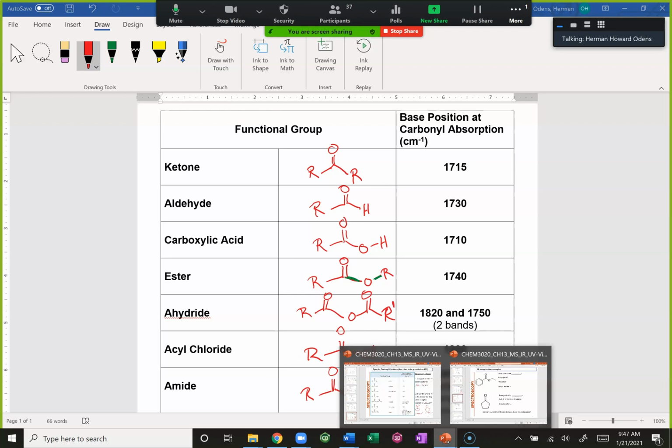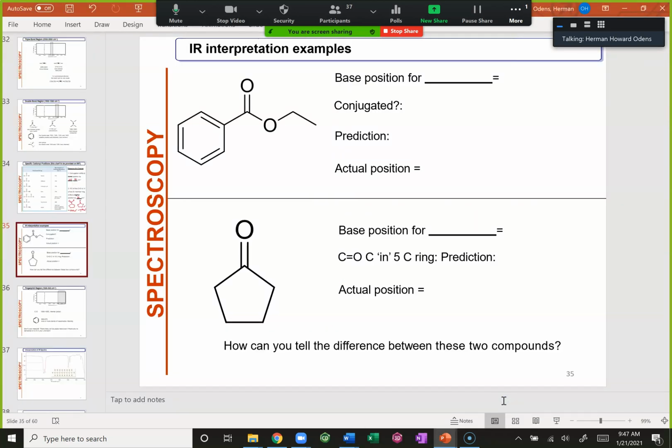All right, so let's go back over here and finish this worksheet. So here you have an ester. This is an ester group. The esters, according to this table, is 1740, right? I'm going to show you how signs work here.